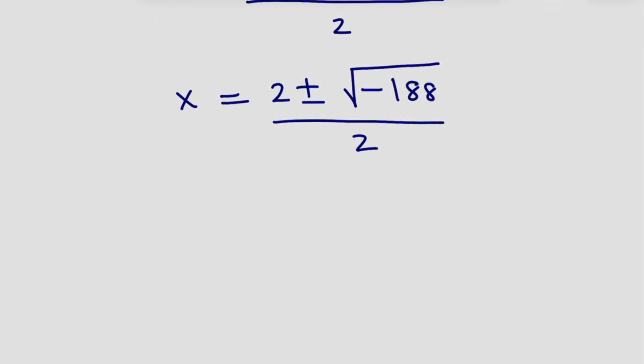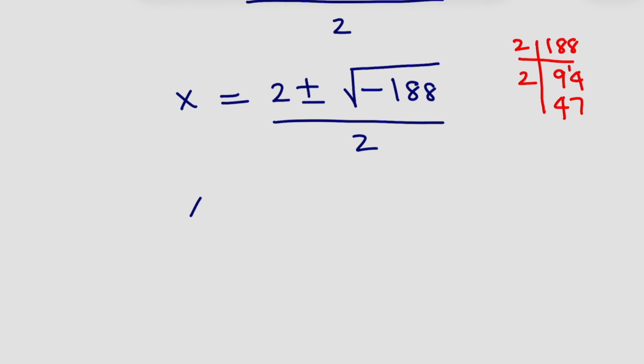Now, the square root of negative 188, I'm going to quickly do a long division here. Negative 188. So 188 divided by 2 gives me 94, and then divided by 2 here is 47. Nothing else goes.